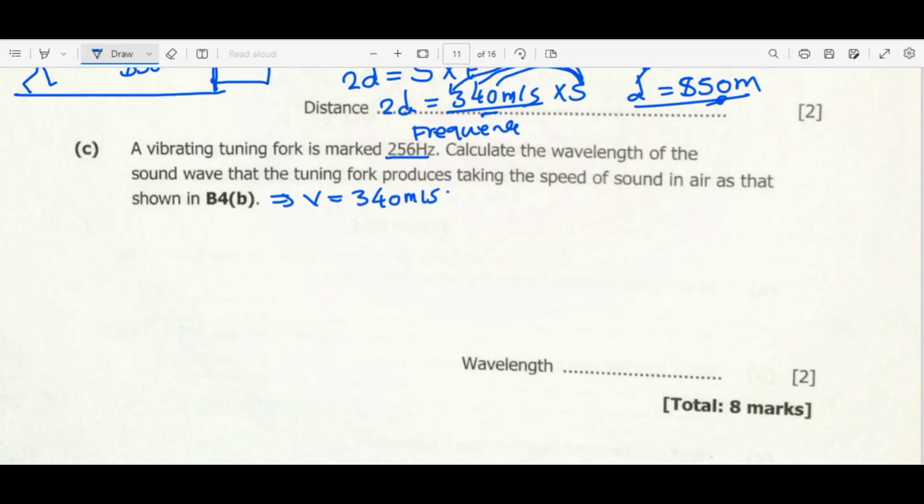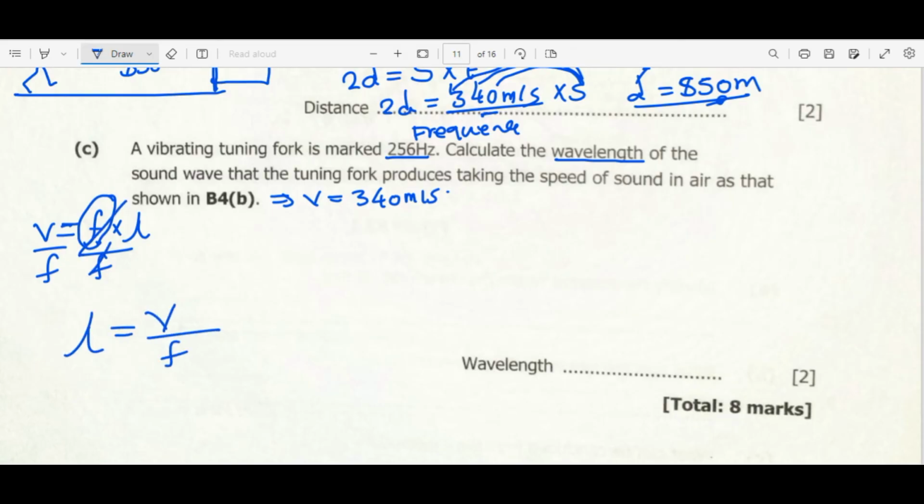So let's look at the formula that we can use if given speed and frequency. So say velocity, which is same as speed if moving in a straight line, is equal to frequency multiplied by lambda. Now the question is the wavelength. So we are solving for lambda. So we are going to divide by frequency. Also here by frequency. So lambda is equal to speed over frequency.